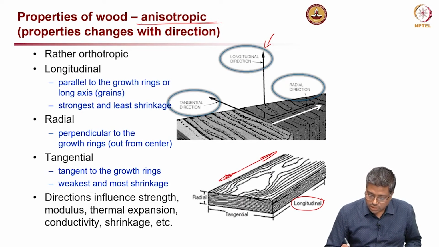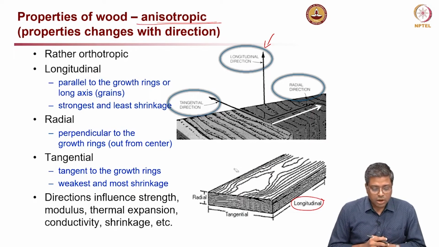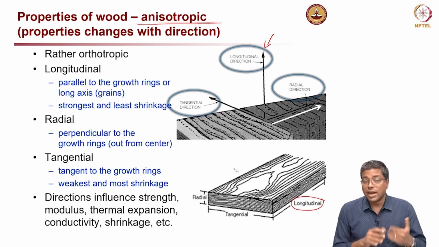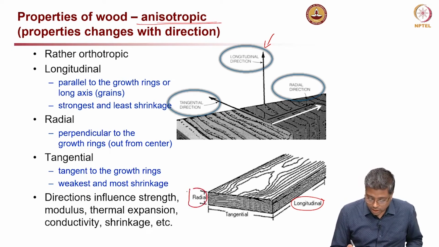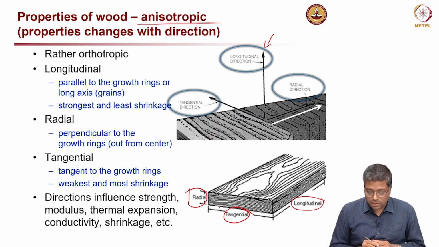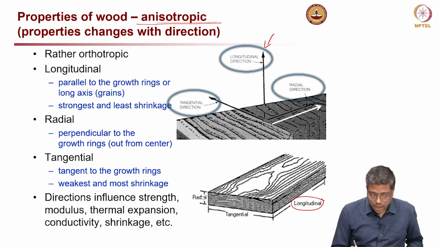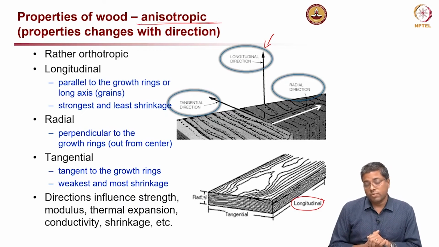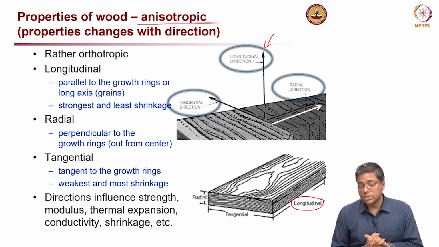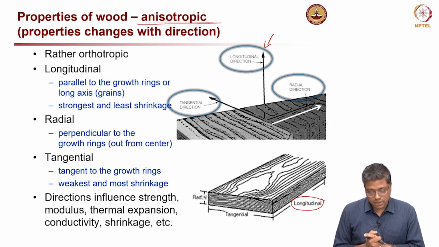If you look at the perpendicular direction, either radial or tangential, the strength is weak in that direction, and shrinkage happens mostly in these directions.